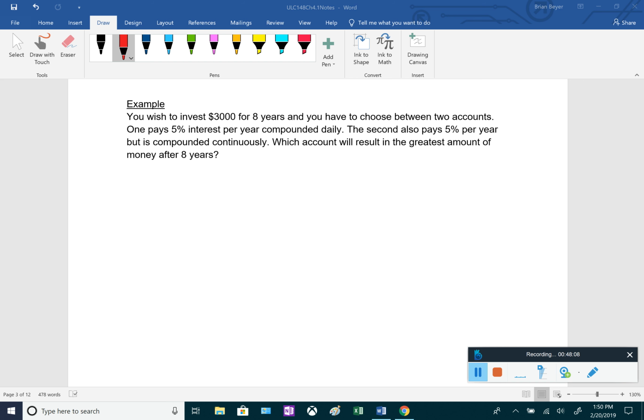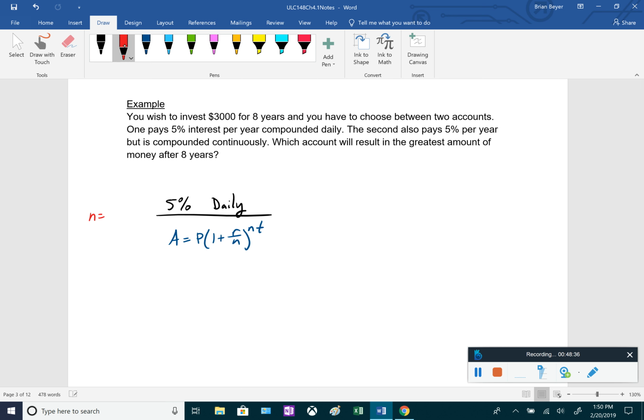So before you even do this one, you should be thinking about which is going to result in the greater amount of money. There is a shortcut way to do it, which I'll mention right after we do it. So for the 5% daily, we know that we need this formula, A equals P times 1 plus r over n to the nt.